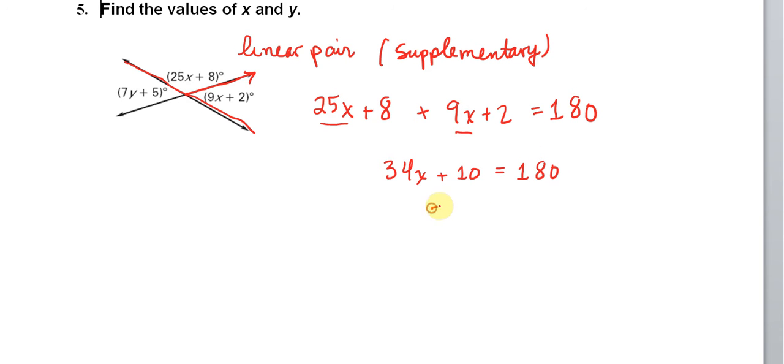Subtracting 10 from both sides, we're going to get 34x is equal to 170. And then finally, divide both sides by 34. And this will give us x is equal to, I believe this is 5.2.